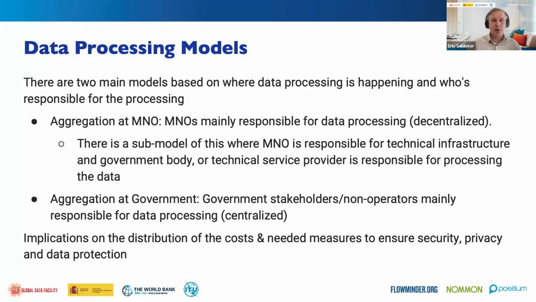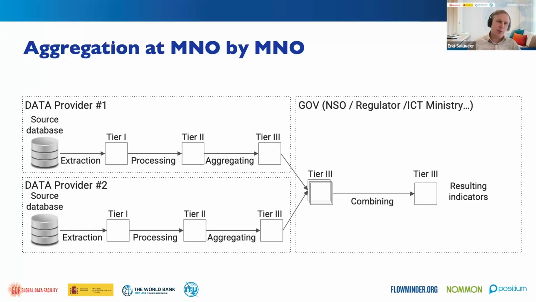Each of those models have implications for the costs, needed measures, and security, privacy, and data protection. So I will show you how they look on the data processing pipeline. So the first model, aggregation at the mobile network operator by the mobile network operator. So this is where you can see that all 3 tiers of data are happening within the framework of the mobile network operator or the data provider.